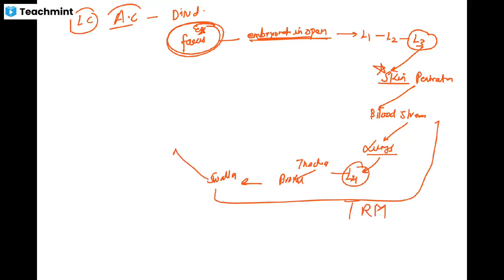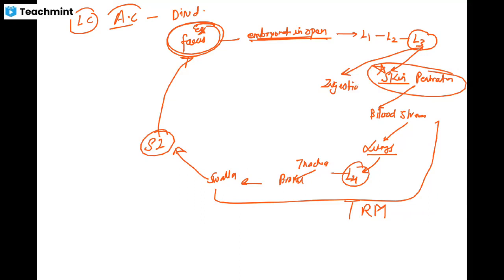If the L3 is ingested instead, it is swallowed, reaches the small intestine, and eggs are again present in the feces.